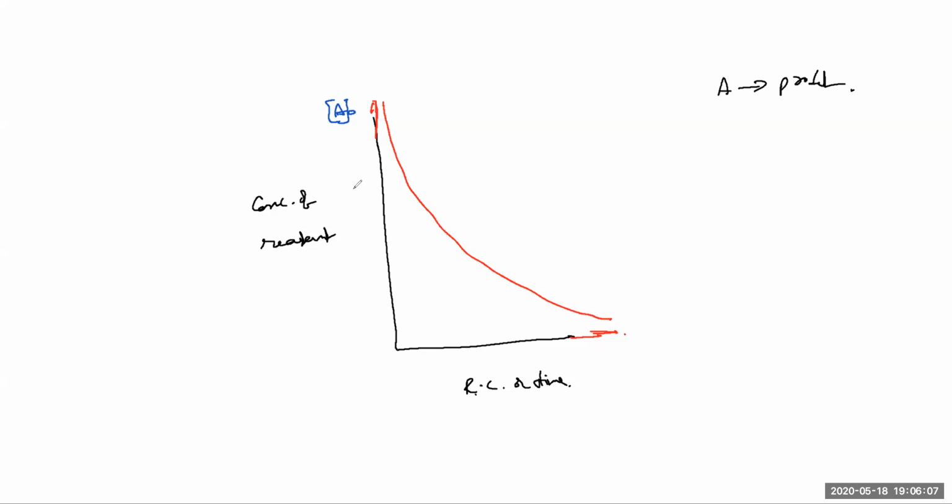Now I am writing here R1, the concentration R1, and this is the time T1. Here R2 is the concentration of the reactant only, at T2.